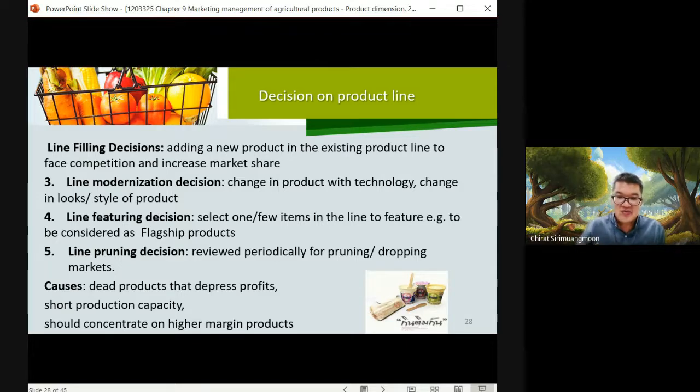For example, in these pictures, Foremost is the top brand for milk in Thailand. They once produced ice cream, but it wasn't very famous. So they deleted that product line completely. Once again, we make pruning decisions because we have dead products or very low-profit products, so we need to cut them out. Of course, we need to focus on the products that have high profit.